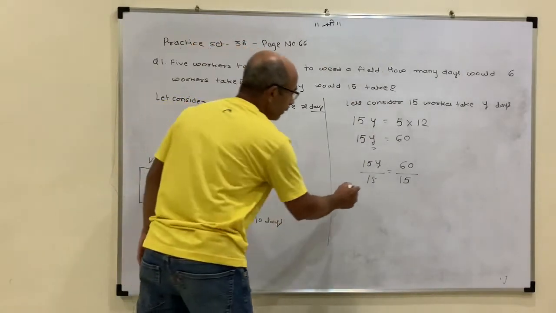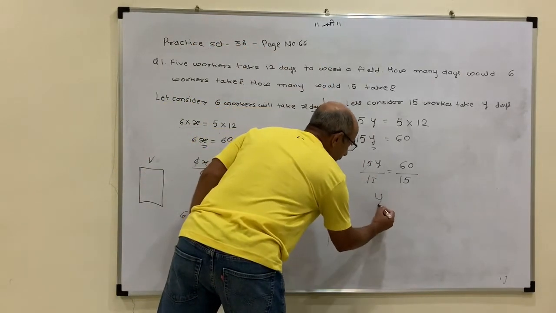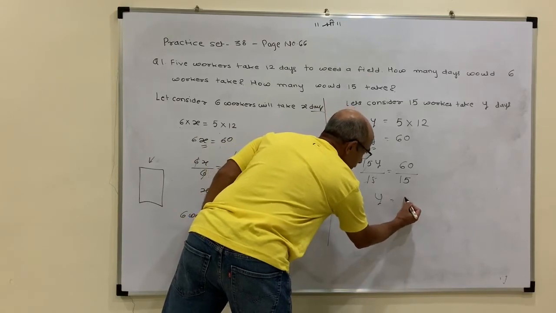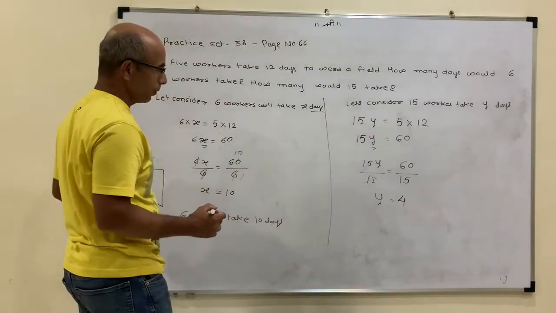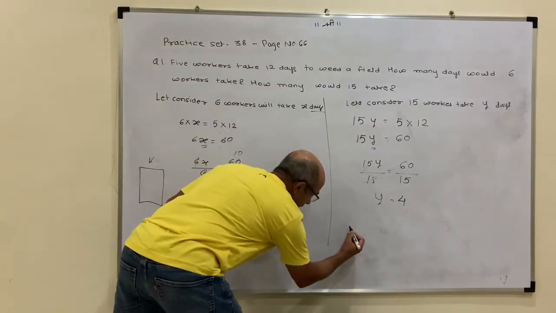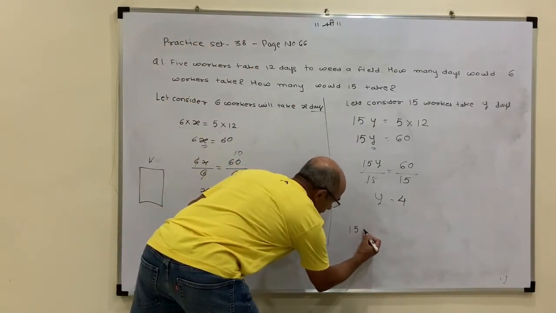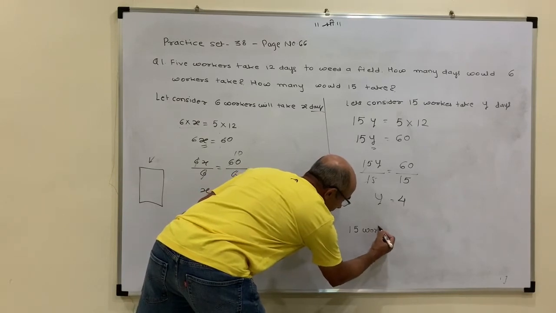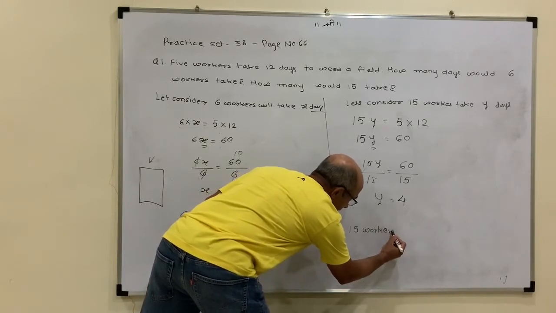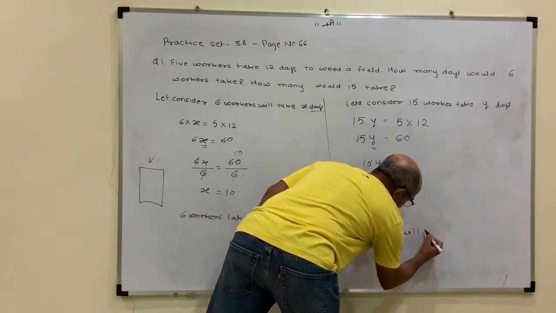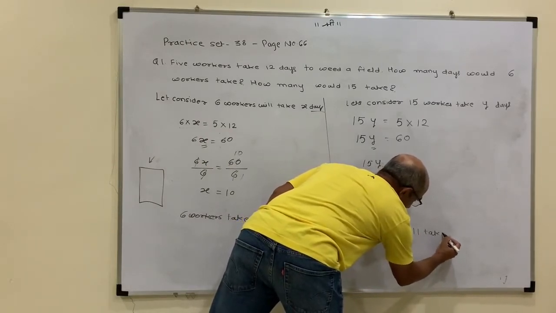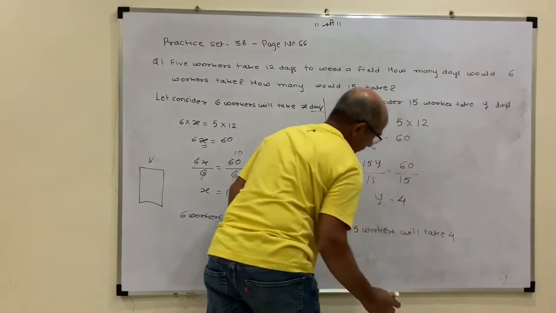So 15 gone, y equals, 15 fours are 60. So my value of y comes out to be 4. So 15 workers will take 4 days.